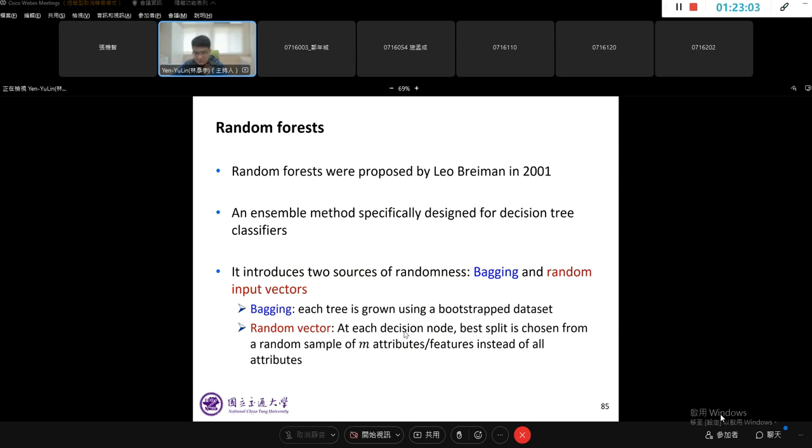So in this decision node, the best split is selected from the 5 attributes. This randomness increases the diversity among the decision nodes. Also, it increases the diversity of all the constructed decision trees. Please remember the two sources of randomness.